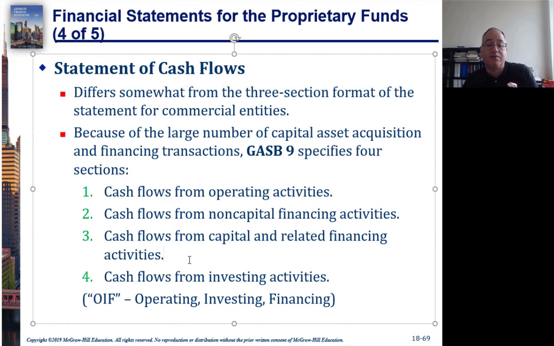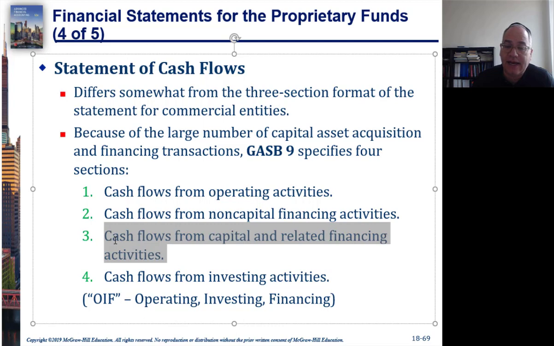And you have two types of financing. You have what's called non-capital financing activities and capital and related financing activities. So capital and related financing activities would be financing to acquire capital assets and other capital transactions, let's say.